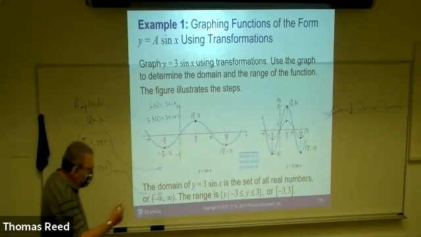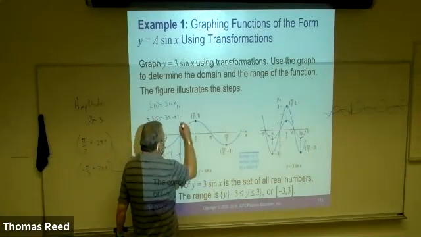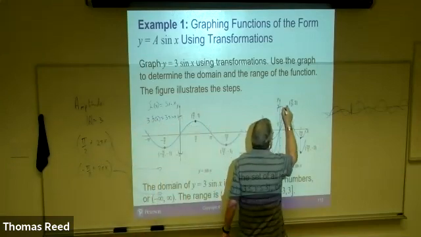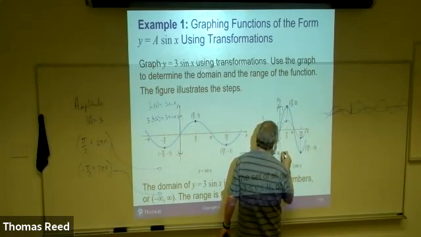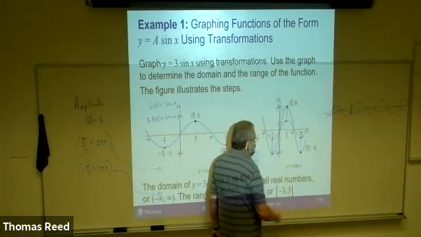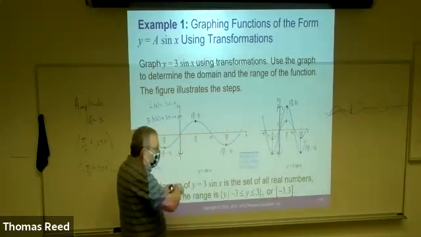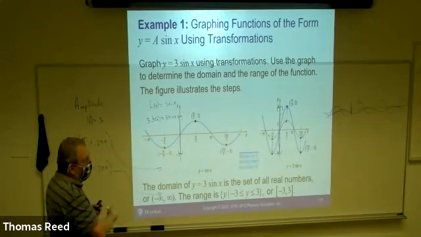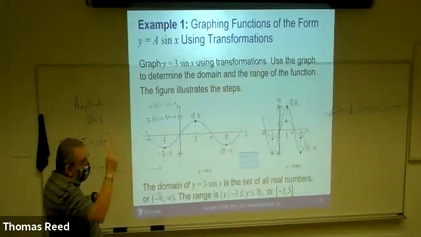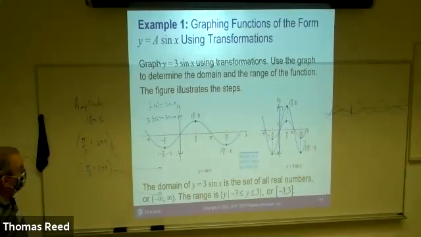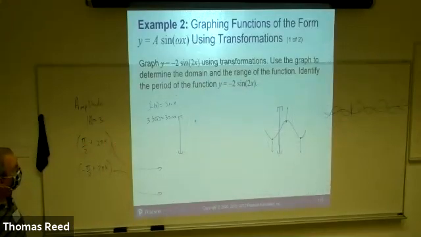So instead of bouncing back and forth between these two values, it's now bouncing back and forth between -3 and +3. As x goes in the positive direction or the negative direction, the y values just keep bouncing up and down, up and down, up and down.